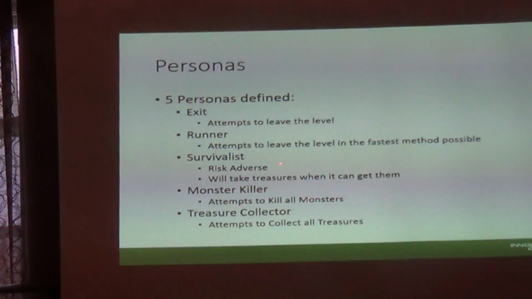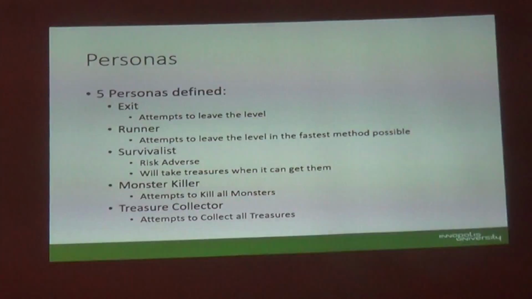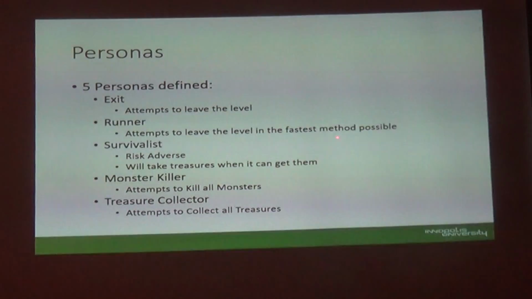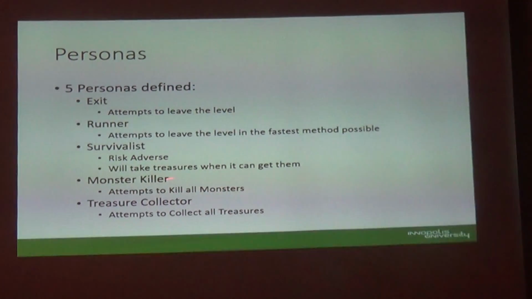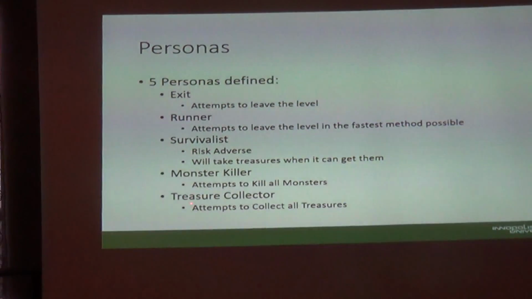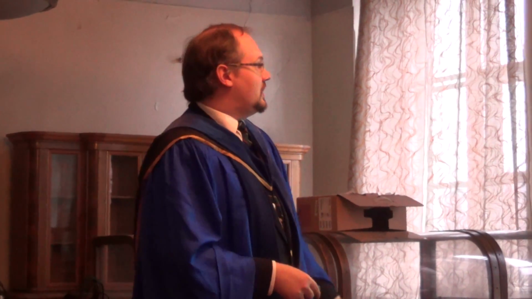Survivalist is risk averse, so if it doesn't have to deal with a monster to get to the exit, it won't, but it can take treasures when it sees them. So it aims to grab as many easy treasures as it can. Monster killer attempts to kill all the monsters, even if it dies. Treasure collector attempts to collect all the treasures, even if it dies. So could we see this inside of our own players? We all know people who are the sniper inside of something, right?